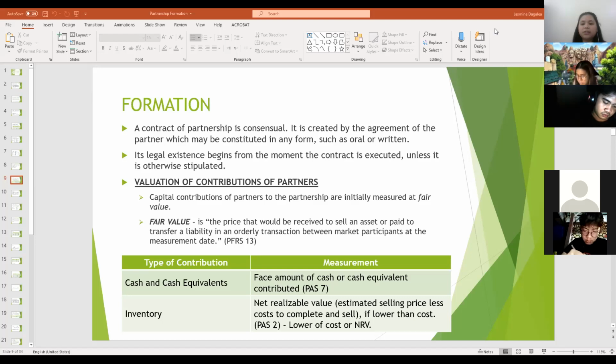And then you also determined that in selling the inventories, you will be incurring storage cost and delivery cost. So you will deduct these costs from your selling price. Let's say 150. So 300 minus 150 is your net realizable value. Given the formula, NRV is estimated selling price less cost to complete and sell.